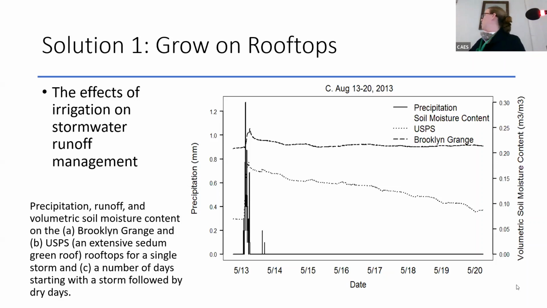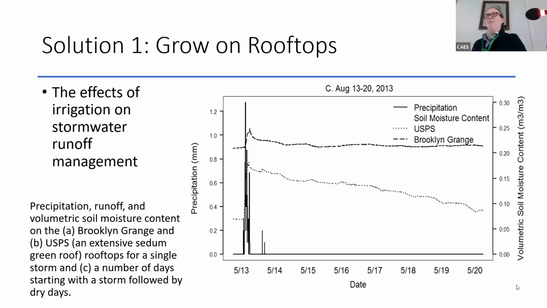Both increase in soil moisture content during the storm. As the storm subsides, you have a little bit of a delay in that peak, and then a little bit of draining that happens. Following the storm, the sedum roof continues to dry out, leading up to the next storm, which took place on the 21st. The Brooklyn Grange roof plateaus, which we believed was an indication of their irrigation practices.